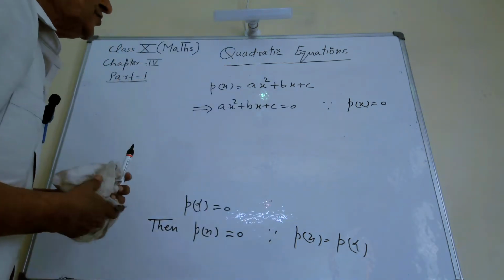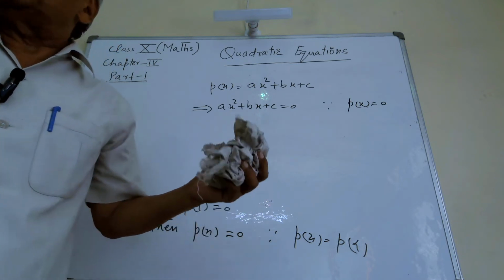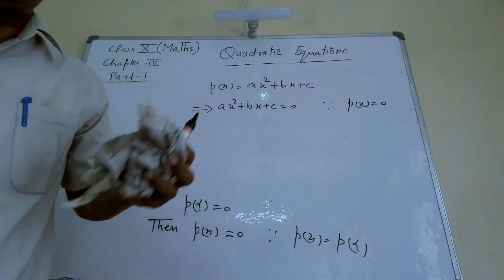Now what is the difference between them? I am going to tell you the difference between a quadratic equation and a polynomial.